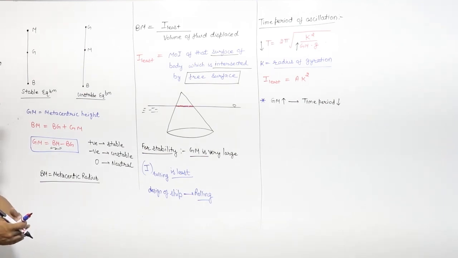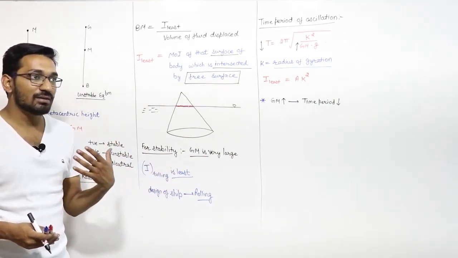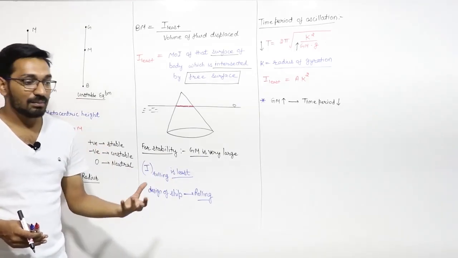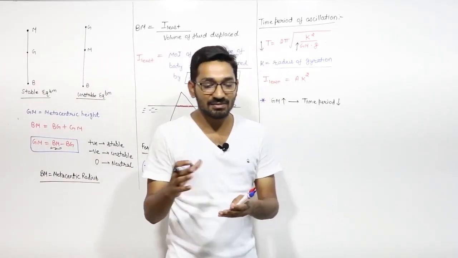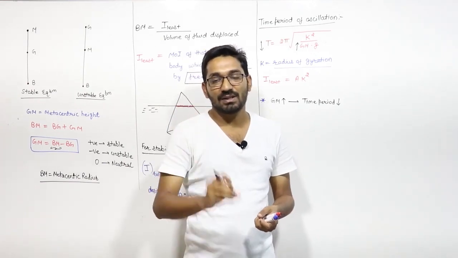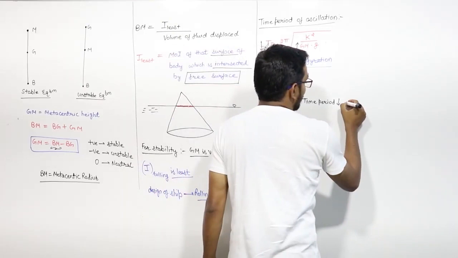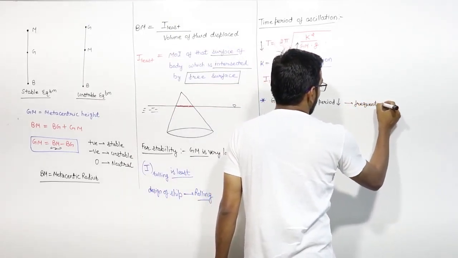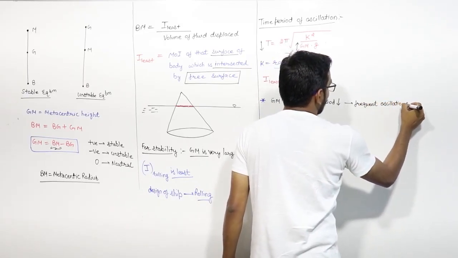So we can say that if the metacentric height is more, then the ship, or the body, will be more stable. But the disadvantage of a large metacentric height is that the time period will be very less, right? If the time period is less, then it will undergo frequent, very fast oscillations.